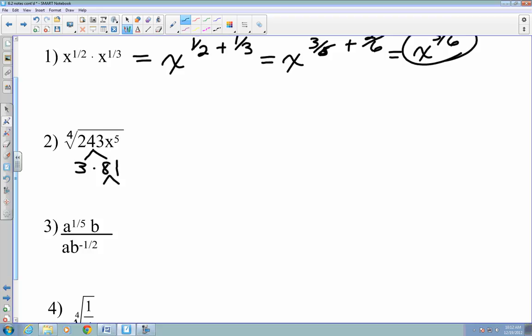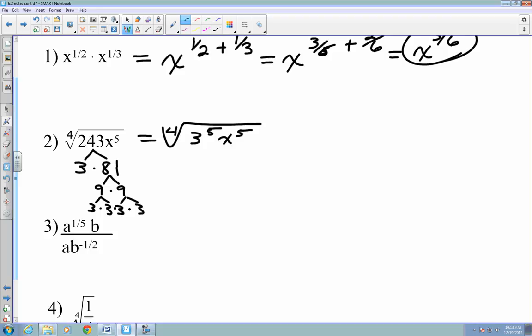Now, if you recognize 81 is a perfect fourth root, great, but if you don't, you know 81 is 9 times 9, which is 3 times 3. So 243 is 3 to the 5th. I'm going to rewrite that this way. So I have the fourth root of 3 to the 5th, x to the 5th.